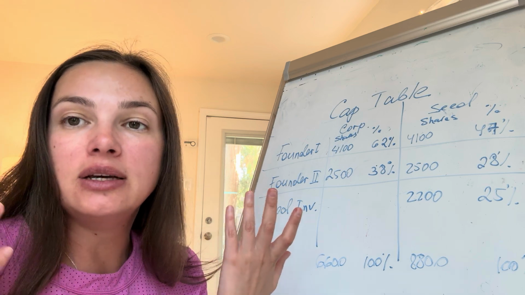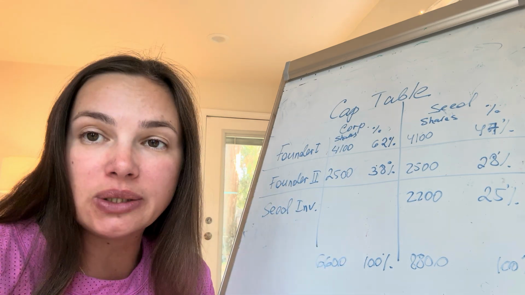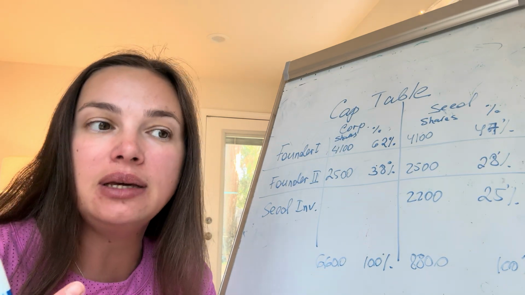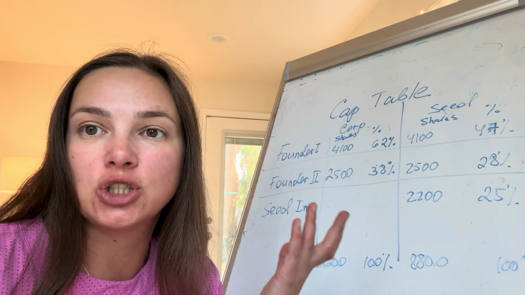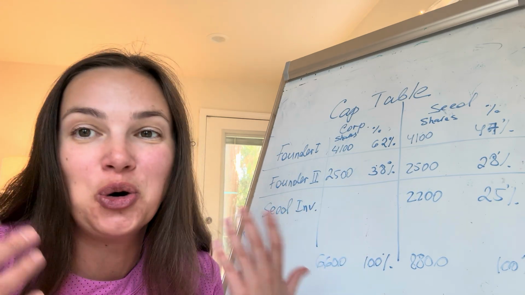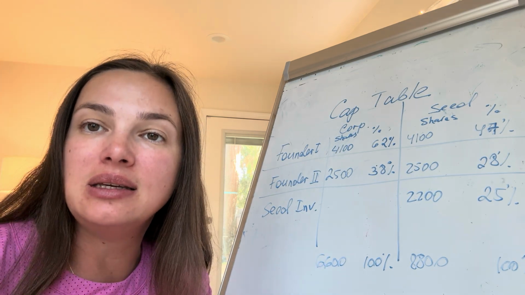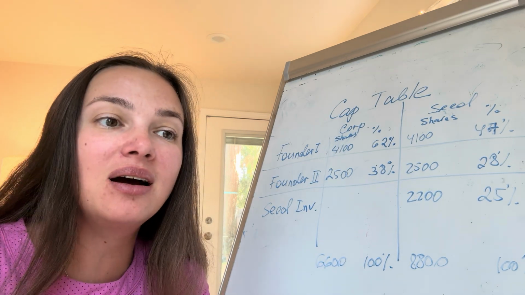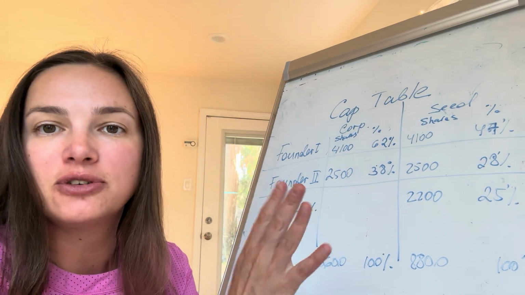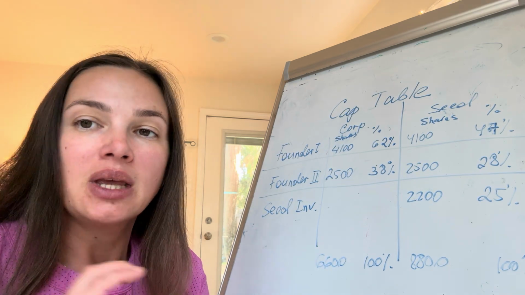So how many shares do they allocate? Usually in the US and in a C-corp, a company issues 10 million shares. That's just the way it is. There is no big logic behind. That's the tradition. In this example, we will say it's less, for the sake of the example, 6,600.